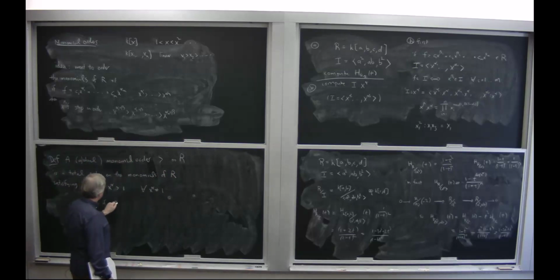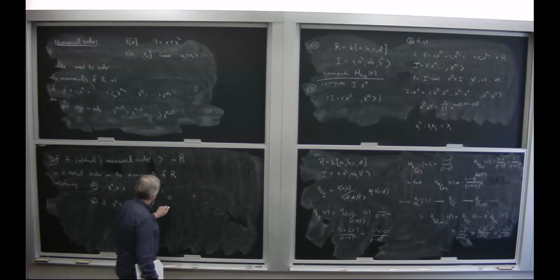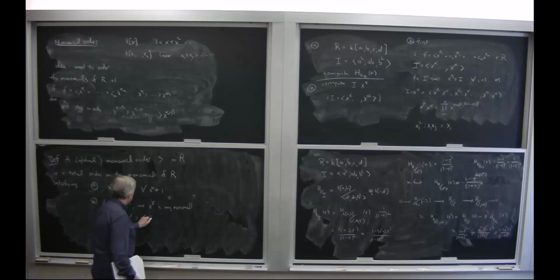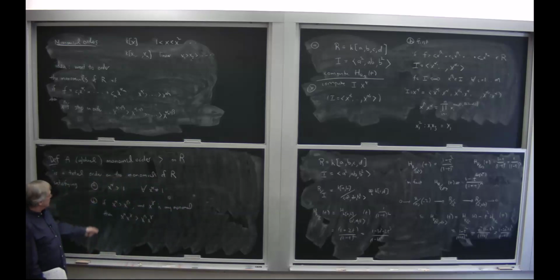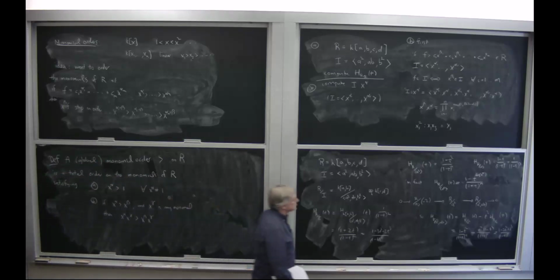If x to the alpha is greater than x to the beta, and x to the gamma is any monomial, then x to the alpha times x to the gamma, or x to the alpha plus gamma, is greater than x to the beta times x to the gamma. So this ensures that it always stays sorted. Otherwise, all the algorithms will really mess up badly, and this ensures finiteness somehow, as it will turn out. What are some examples of this?